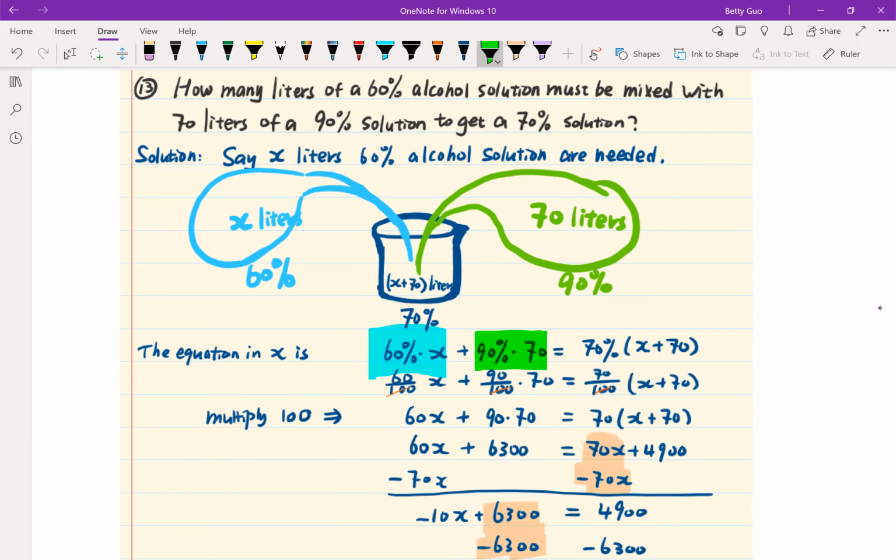Add them up, we have the amount of alcohol in the jar. It's right here, 70% times (X plus 70).